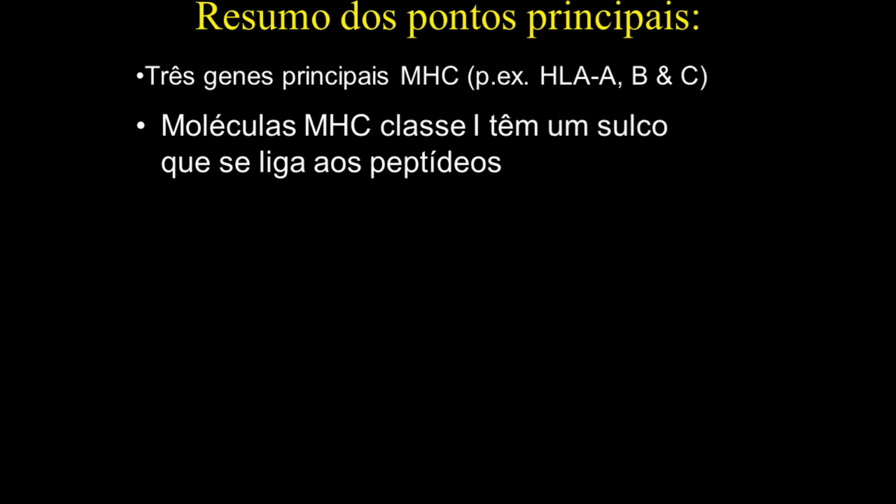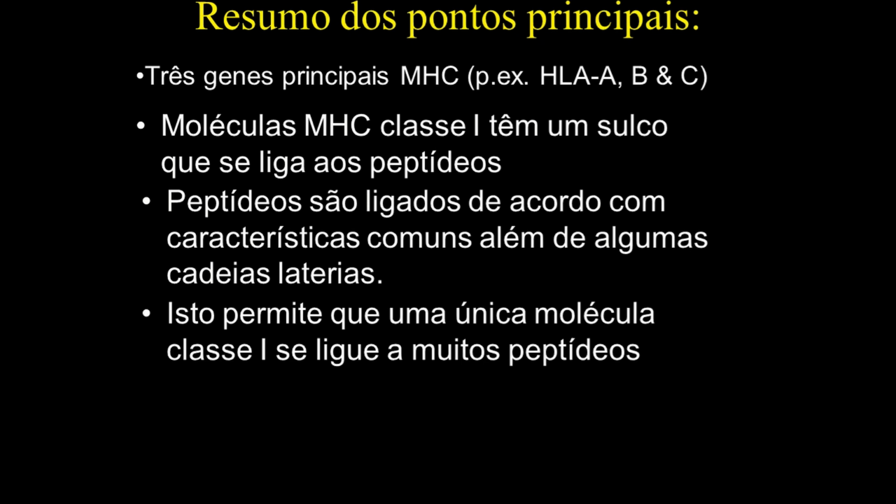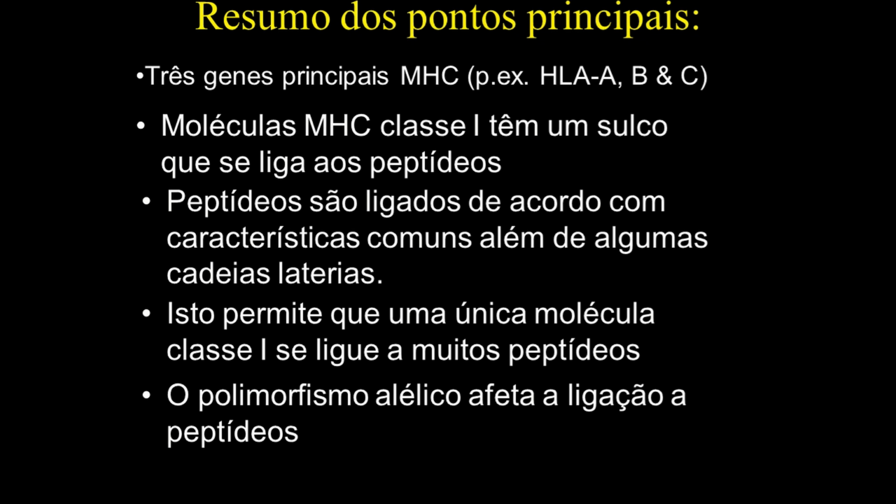They have a peptide binding groove that allows them to bind peptides. The peptides are bound via common characteristics of the amino acids plus some side chains. This permits these molecules each to bind and display a very large number of peptides. And the polymorphism within our species affects this process. It affects the binding. Okay. And this is important for HIV.